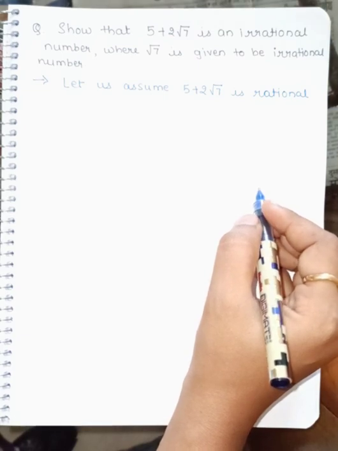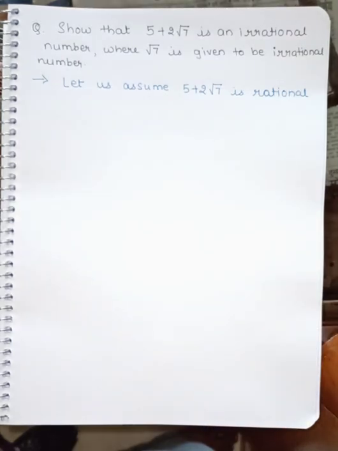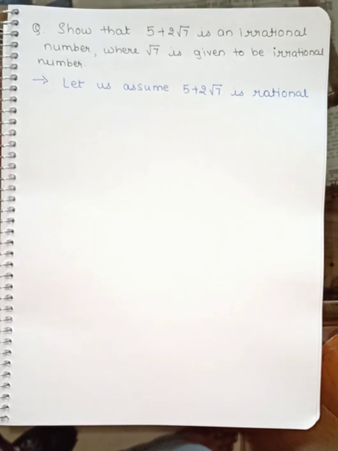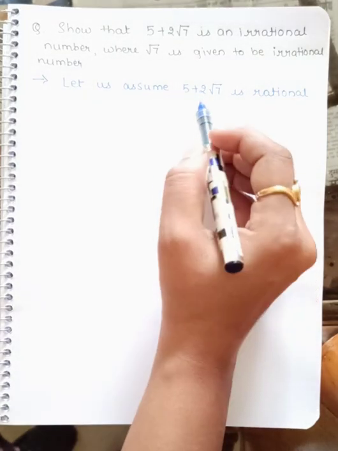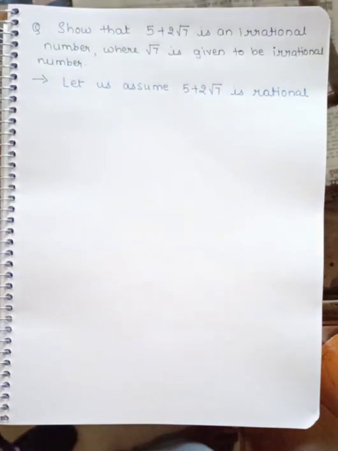Now we have to write it in the form in which a rational number is represented. As we know, a rational number is written in the form of p by q, which means if this number is a rational number, then definitely it could be written in the form of p by q.